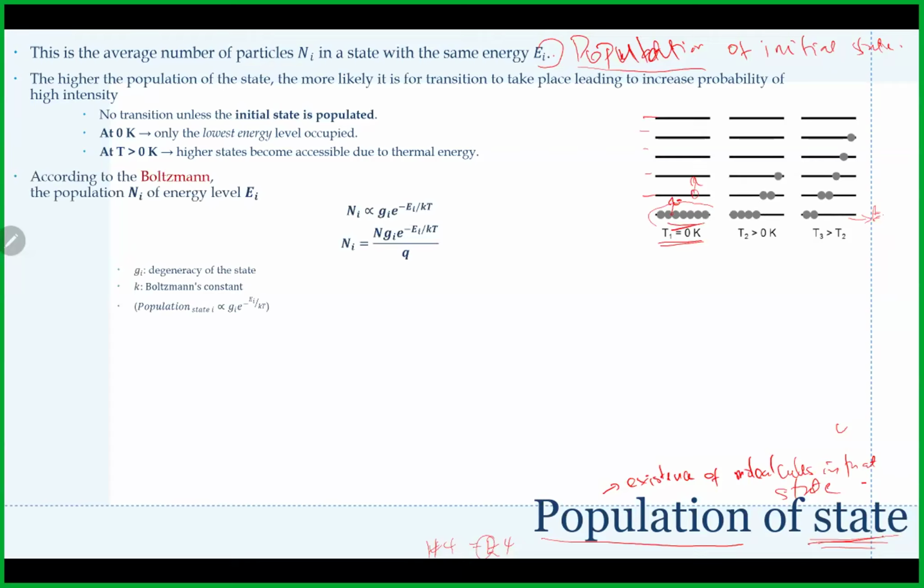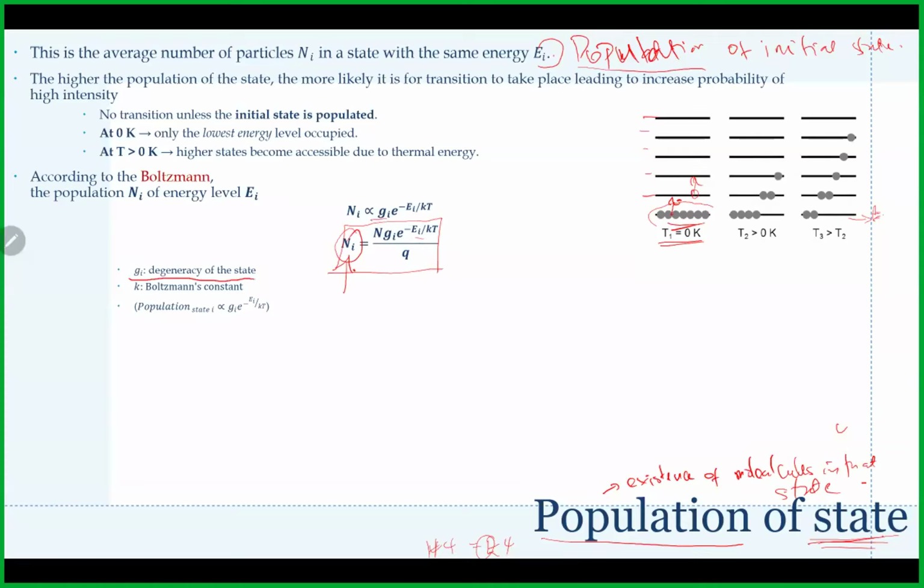The population of a state is described by this equation right here. What we need to note from this equation is that Ni, the number of particles, the population of that state with energy E, is directly proportional to G. G is called the degeneracy of the state.